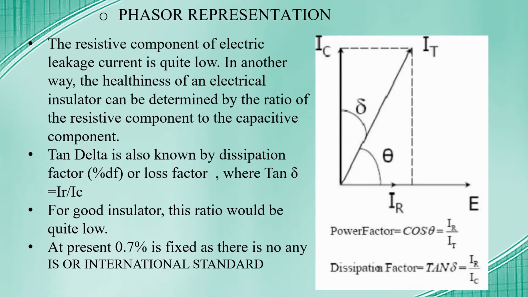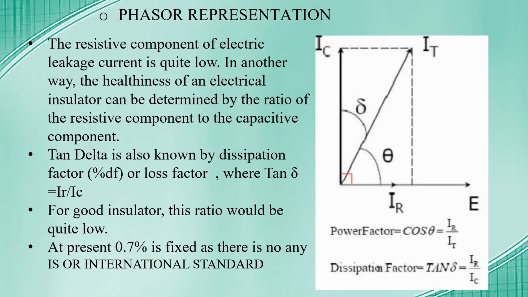Now let us try to understand it with the help of phasor representation. In the previous slide we have seen the equivalent circuit and based on that we have drawn the phasor representation. As we know, the capacitive current will lead the applied voltage by an angle of 90 degrees, shown on the right side of the figure.